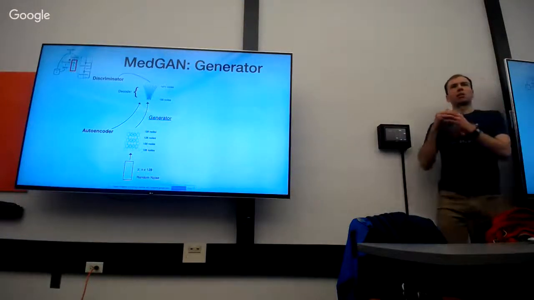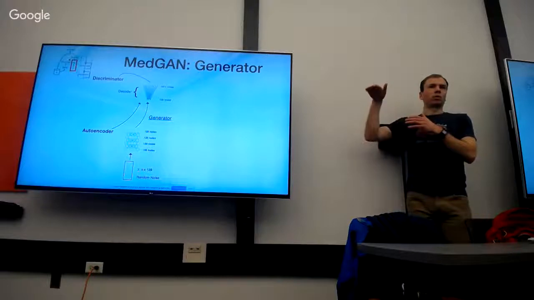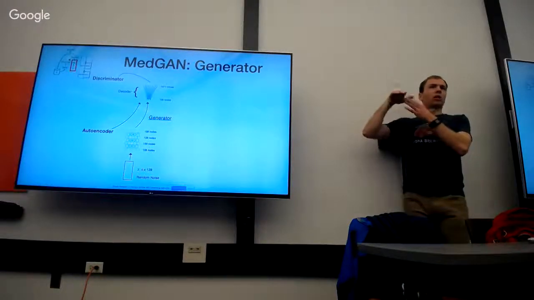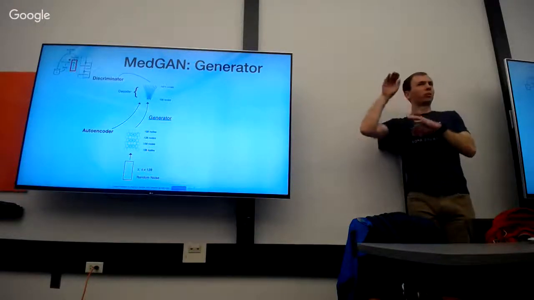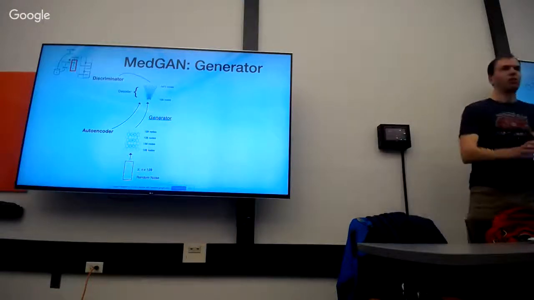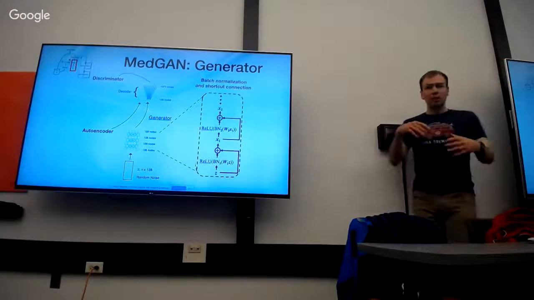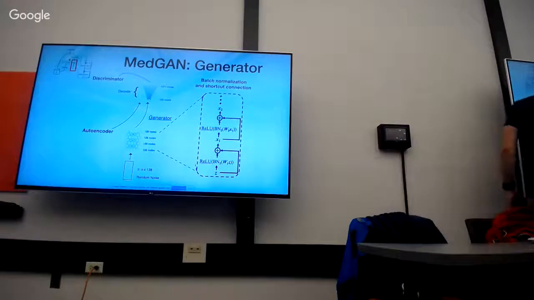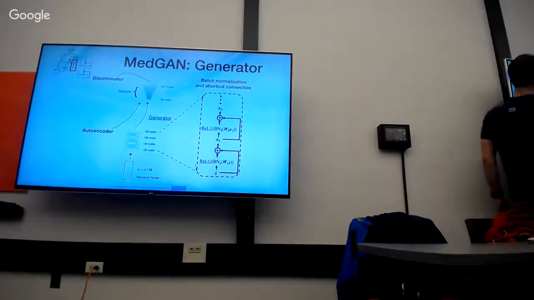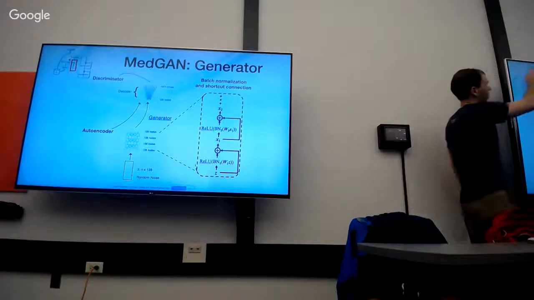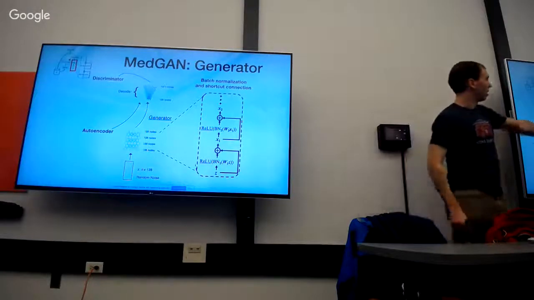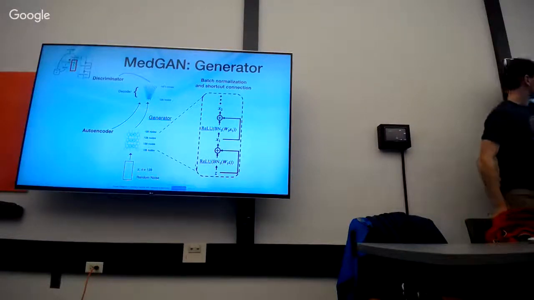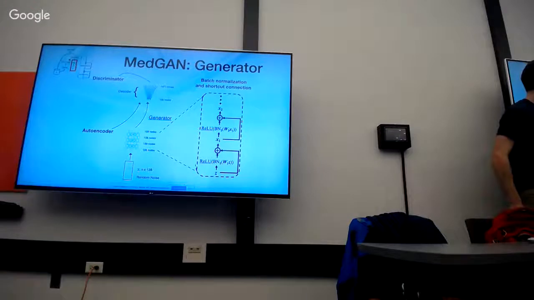Then it's fed forward through a neural network of 3 layers and then into a decoder, which I will explain in a minute. This itself is the generator part that's being trained by the output of the discriminator, and the gradients go directly in here.